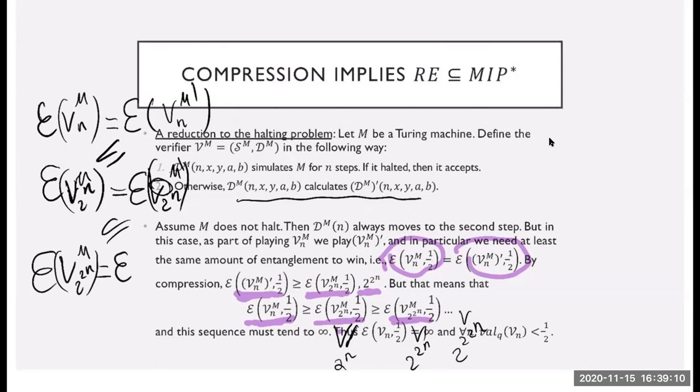So the way we constructed V_M enables us to say that the equalities hold, and the fact that we used compression implies that we can use the greater or equal.